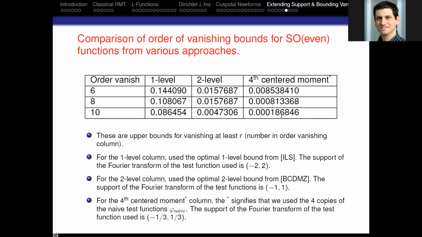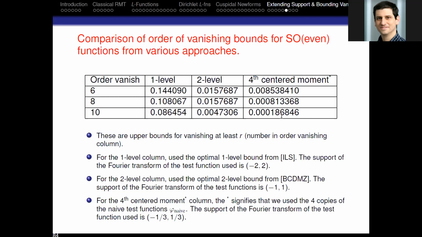And then the next few slides, if you go forward, is just going to be a result of what we've just seen. So this conference is supposed to be about recent results in number theory. We are getting close to being able to put this paper on the archive. We're just finishing things up right now. And here are the results we get for vanishing of order 6, 8, or 10. For each of these, it's vanishing to order at least 6, at least 8, at least 10.